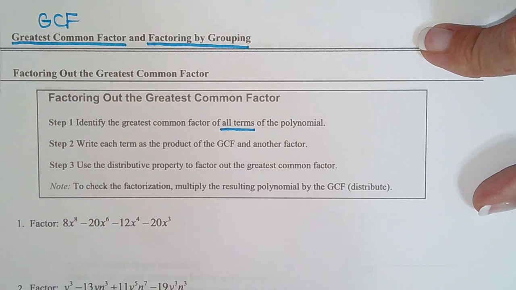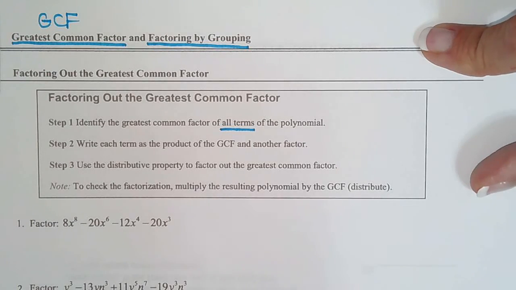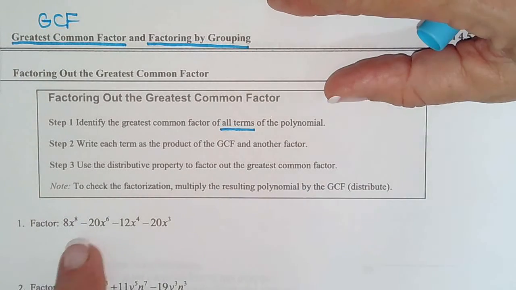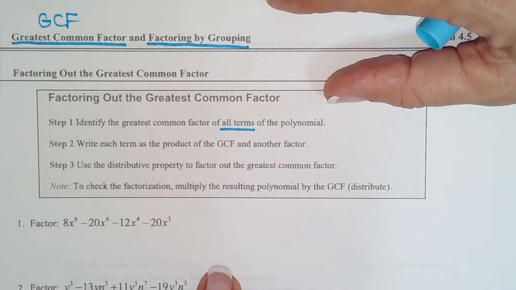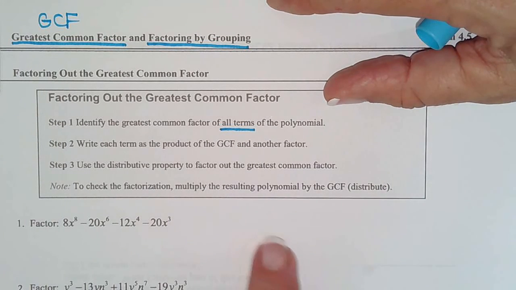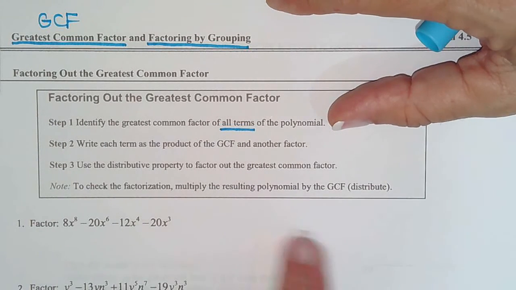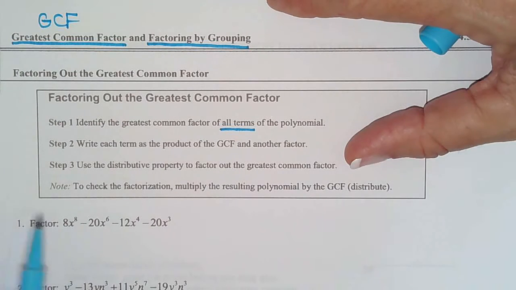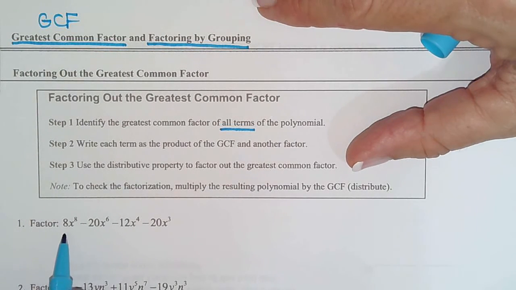And sometimes it's going to be numbers, sometimes it's going to be numbers and variables, so you have to search both. And then we're going to use the distributive property backwards in order to divide and find out what's left in parentheses. So numbers first, then letters.